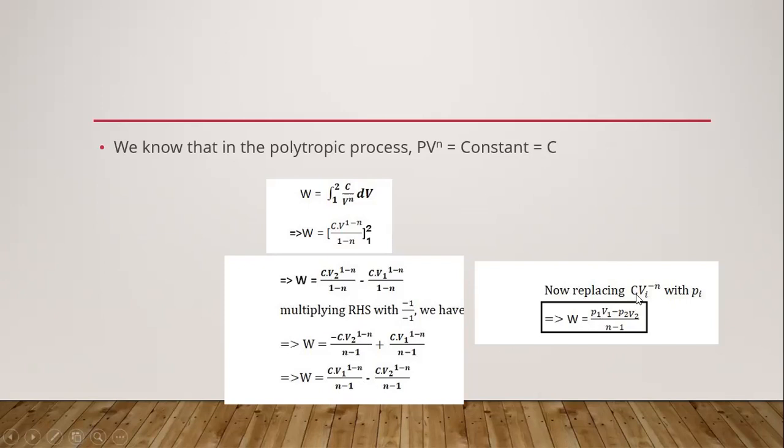So now replace C V power minus n with the P. So instead of C V power minus n, we can replace it with the pressure value P, where P equal to C into V power minus n. Okay. So P1 V1 minus P2 V2 by n minus 1. This is the final work done equation for the polytropic process.